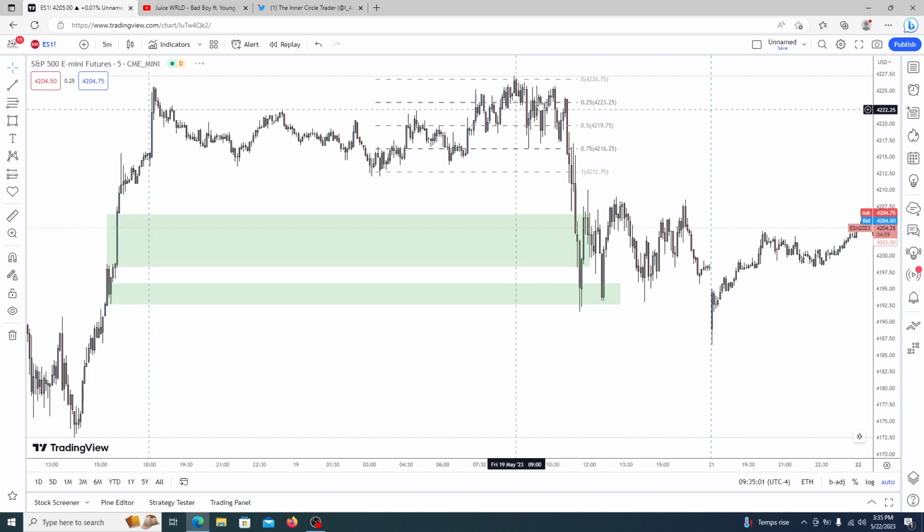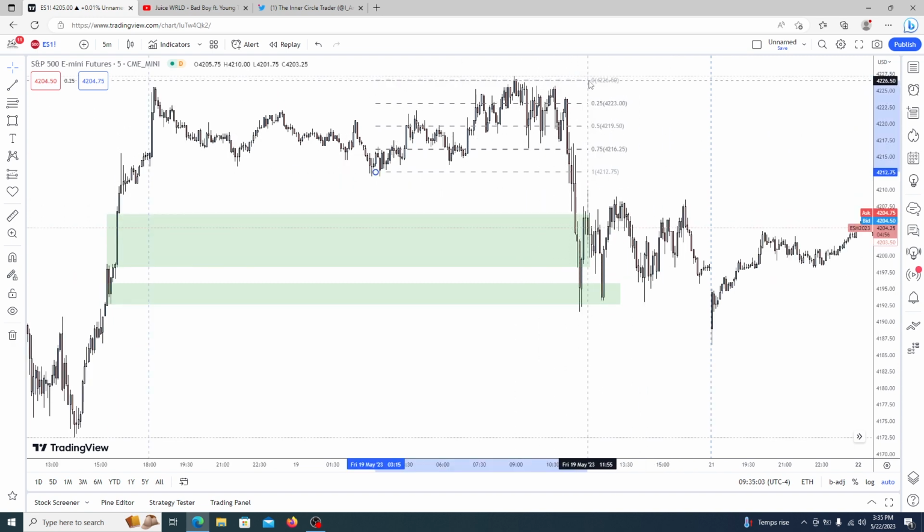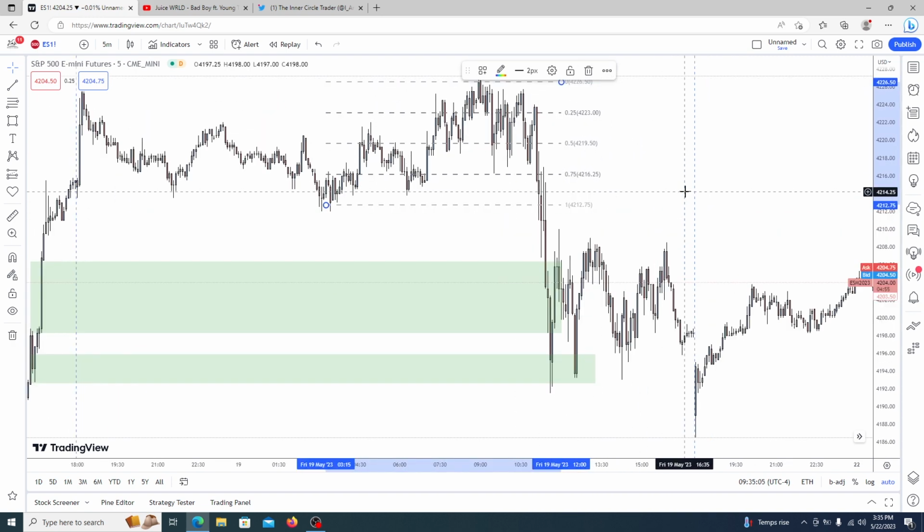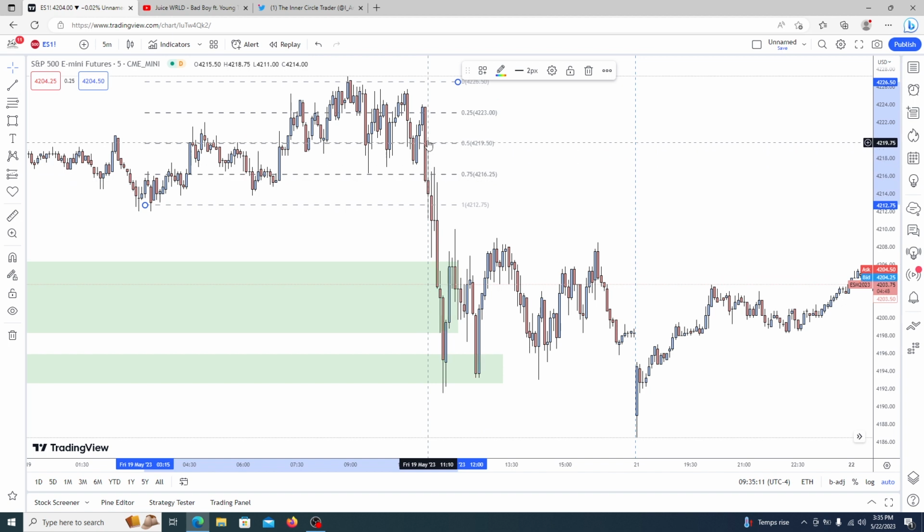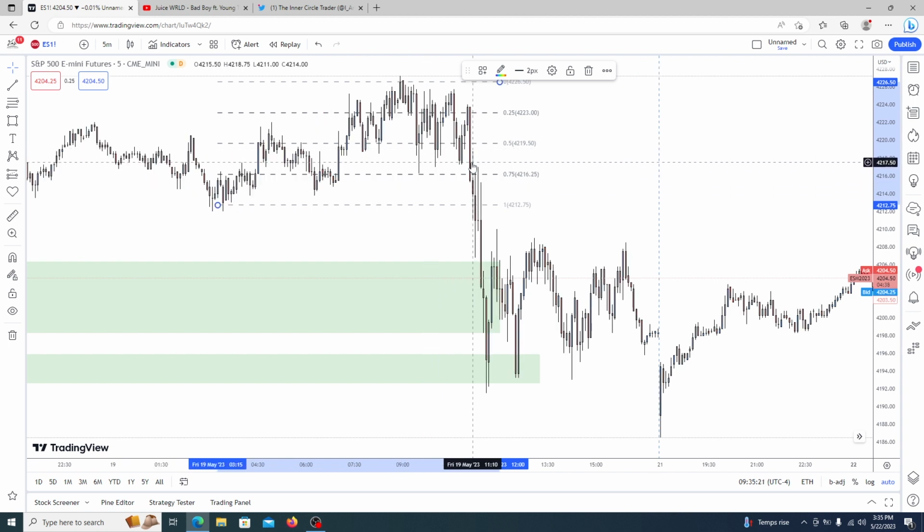So taking a look at the 5-minute chart over here, we can clearly see that price came down. It gave a solid close below the 75% retracement, and price did not show any willingness to reject that level and trade higher.